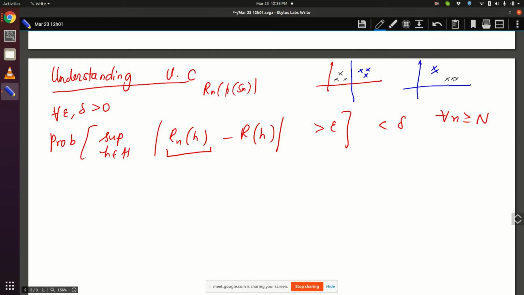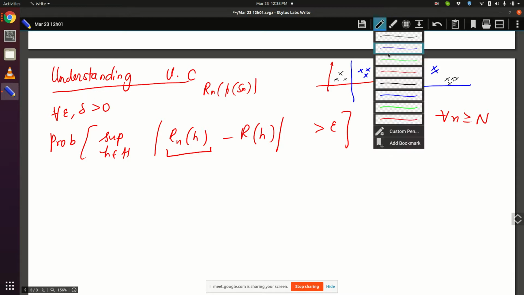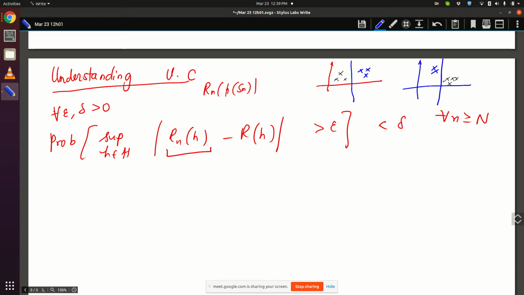The same line for these 6 points is doing completely wrong. All these points it classified as positive examples, whereas the actual thing is negative, because the true underlying thing might be something like this.